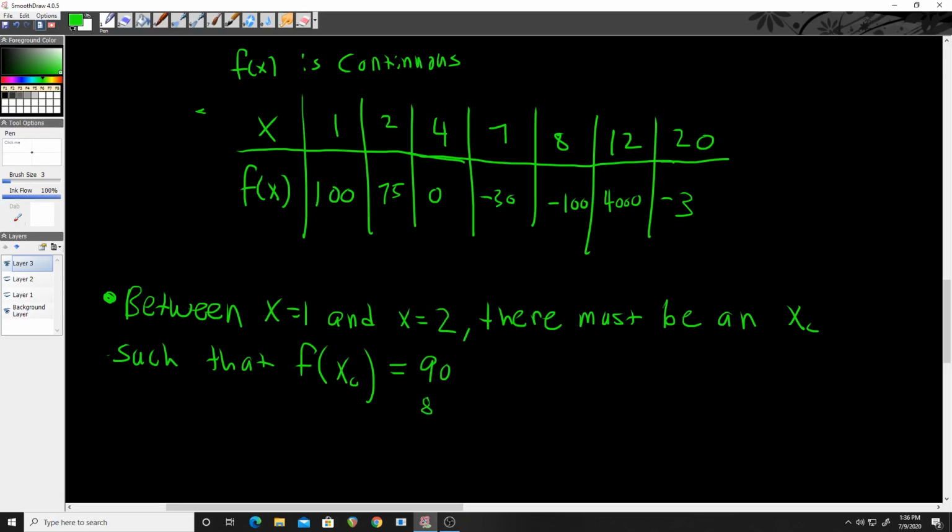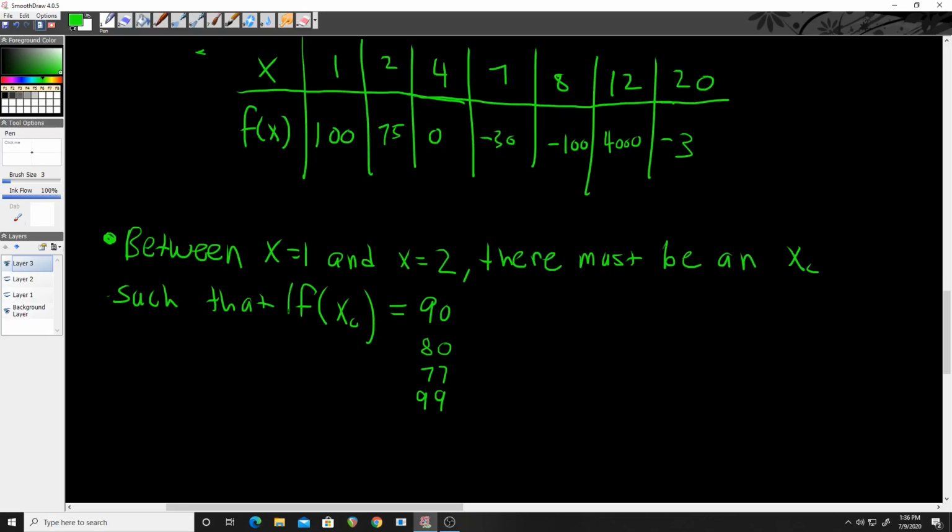You have to go through 80. You have to go through 77. You have to go through 99.